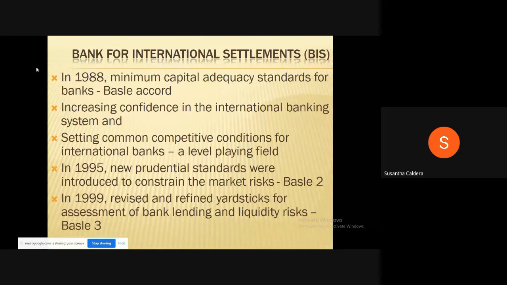So because of that, increasing confidence in the international banking system, setting common competitive conditions for international banks, a level playing field. In 1985, new prudential standards were introduced to constrain market risk. That is Basel 2. In 1999, revised and refined yardsticks for assessment of banks' lending and liquidity risk, Basel 3.